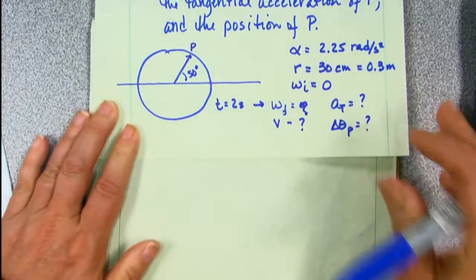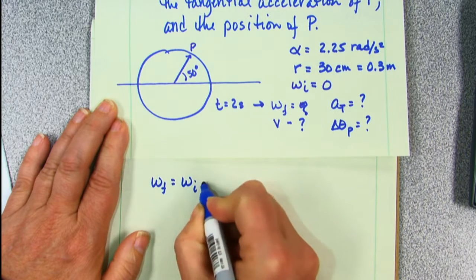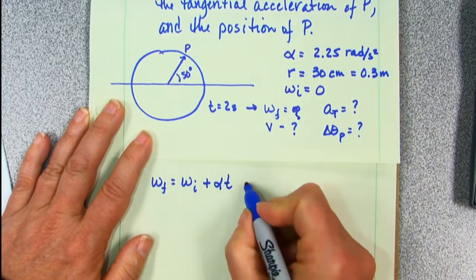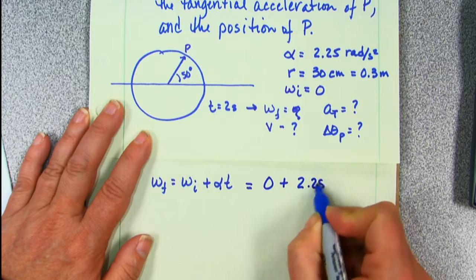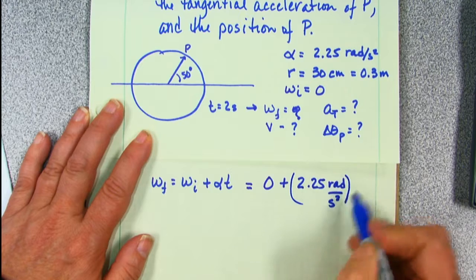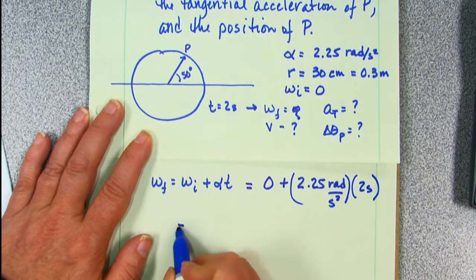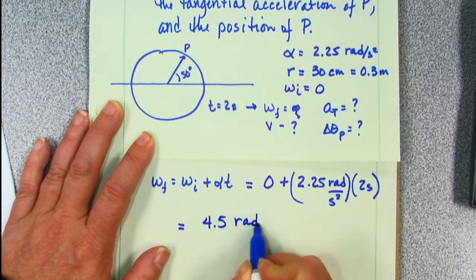So I'm going to do omega final is equal to omega initial plus alpha t. That's 0 plus 2.25 radians per second squared times my 2 seconds, and that's going to give me 4.5 radians per second.